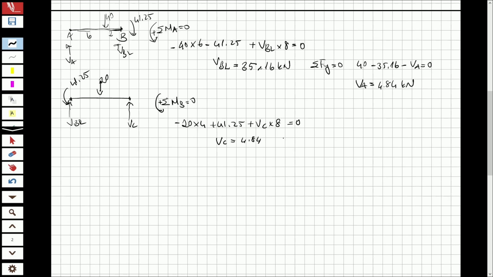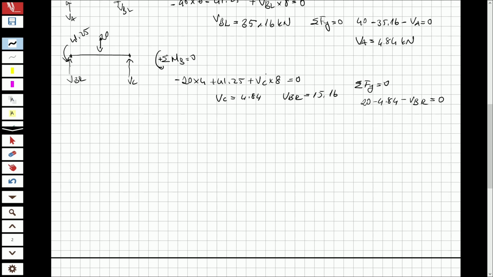And for VB right, that will be 15.16, because it comes from the total Fy equal to 0. If I have 20 minus 4.84 minus VB right equal to 0, then VB right will be 15.16.